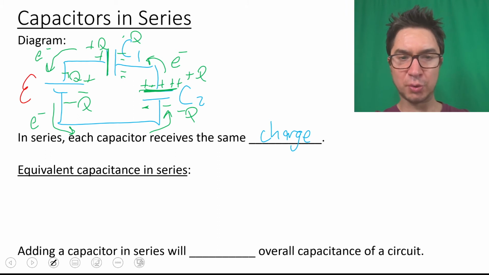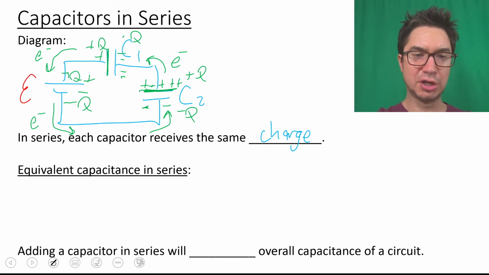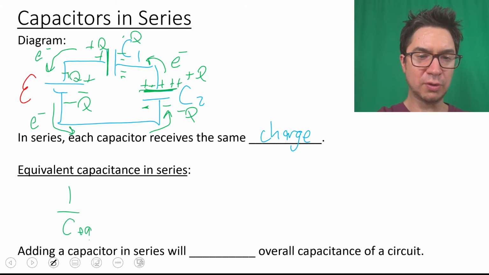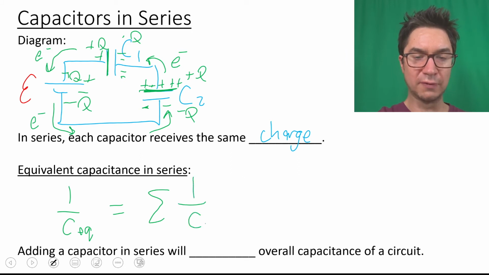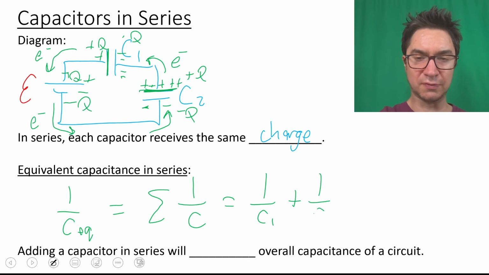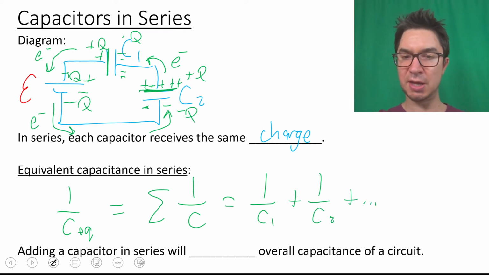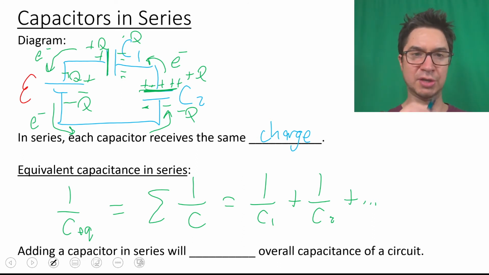Let's look at the equation for equivalent capacitance in series. It looks like this: 1 over C equivalent is equal to the sum of all the 1 over C's, or 1 over C1 plus 1 over C2 plus and so on. As we discussed, this is the same pattern that we saw for the equivalent resistance in parallel. So once again, there's that flip-flopping of the pattern between capacitors and resistors in series and parallel.